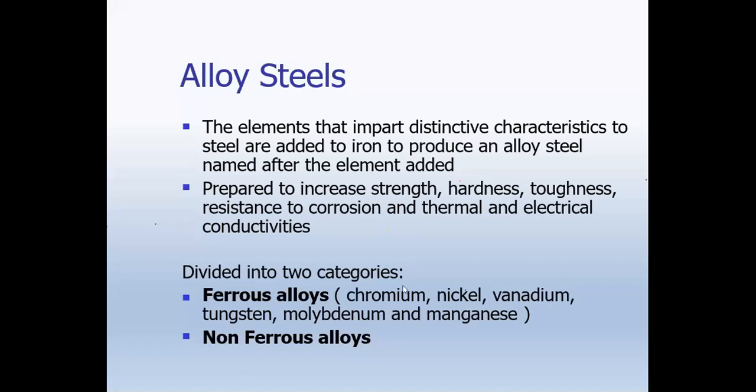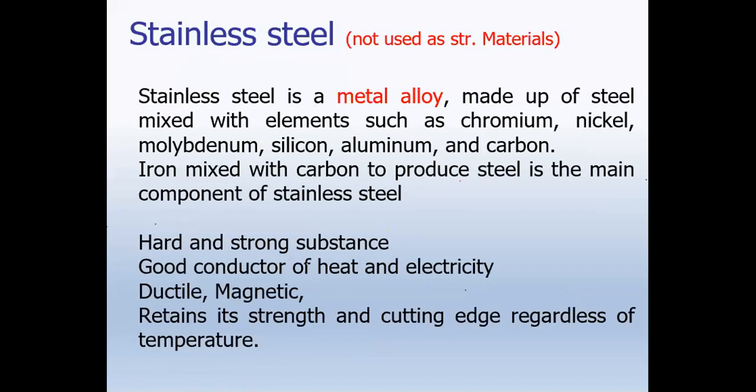So the alloy steels have now been divided into two categories. One is called the ferrous alloys, which contain chromium, nickel, vanadium, and others. And the second group is what we call the stainless steel.